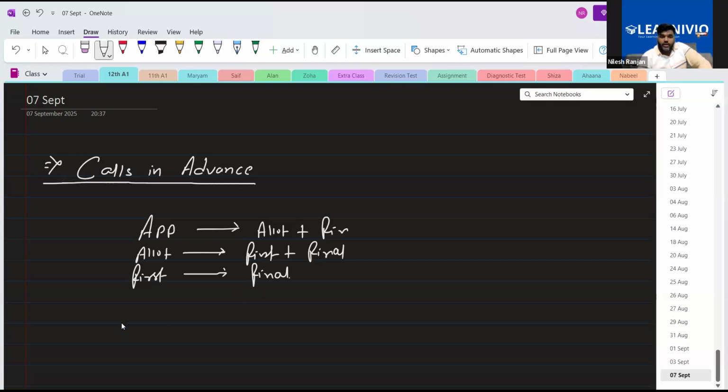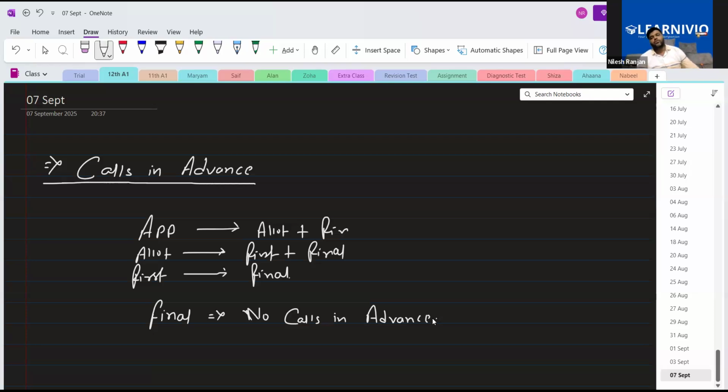Now, there is one thing to notice that on final call, there cannot be calls in advance. Same as we have done in call scenario, on application there can be no call scenario, because if any one person will not pay the application money, then we will not give them the share.